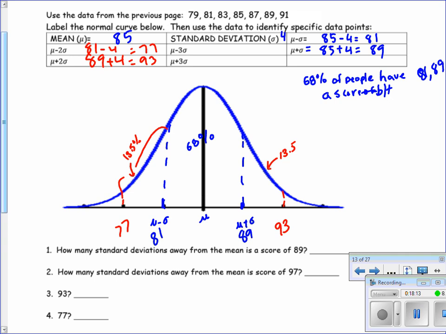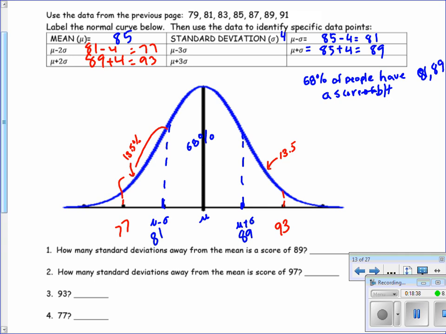Okay? So the percentages keep getting smaller as we move away from the mean. So that makes sense. The number of people decreases as we move farther and farther away from the average, which makes sense. Most of the people have an 85, somewhere within a range of 81 or 89.